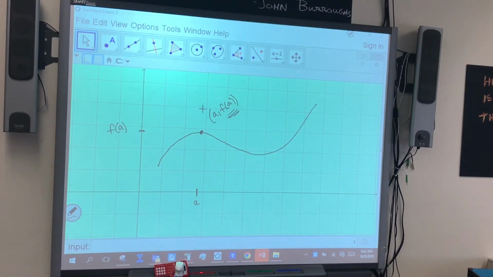If f of a is greater than or equal to f of x when x is near a, okay? When we get to calculus, we'll talk about limits, and maybe we change that definition a little bit.